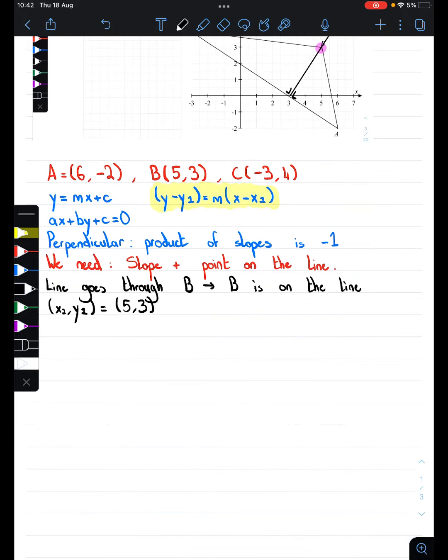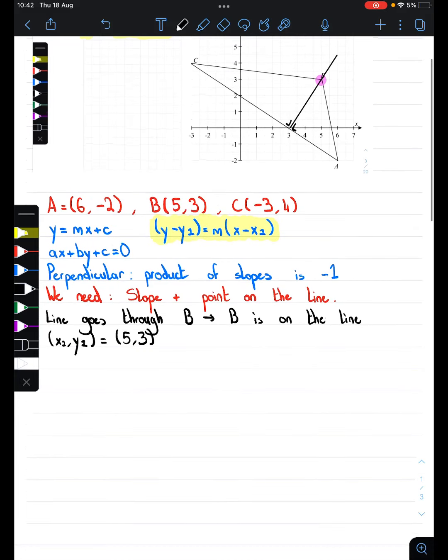And now we want the slope. How do we get the slope? We could use the slope formula, y2 minus y1 over x2 minus x1, and for this we need 2 points on the line. But we don't have 2 points on the line, so maybe this is not going to work so well.